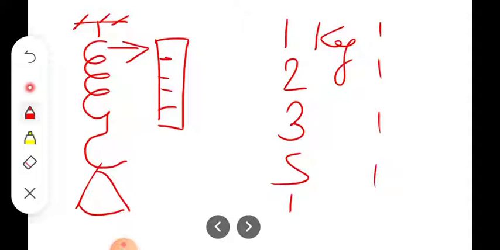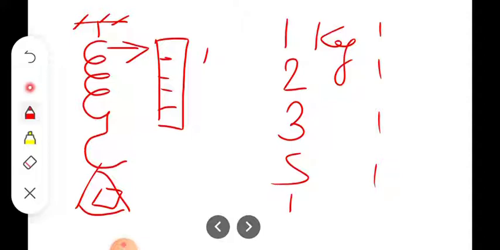Now when we place a known, standard weight of 1 kg in the pan, the pointer will move in the downward direction. That pointer will match with a marking on the scale, so we will mark it as 1.